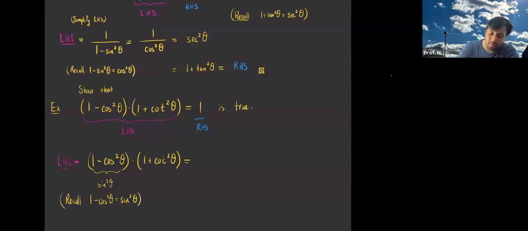You have to remember these identities. And 1 minus sine squared theta equals cosine squared theta. So I can rewrite this now as sine squared theta. Does anybody remember, what does 1 plus cotangent squared theta equal?